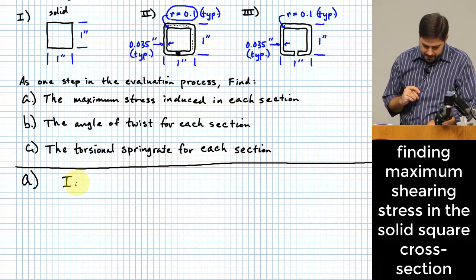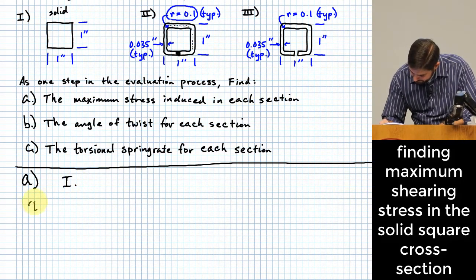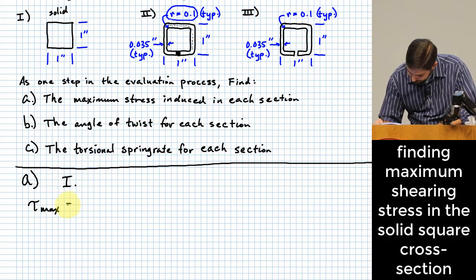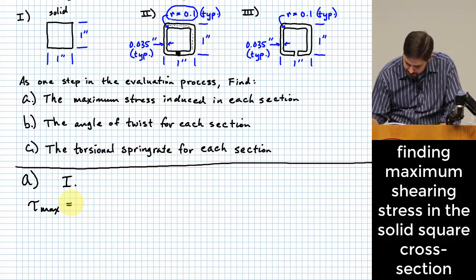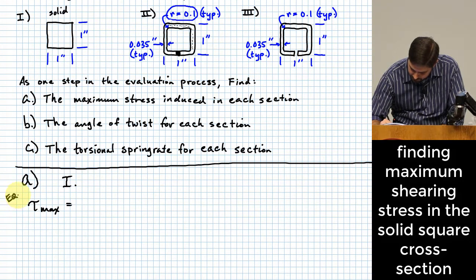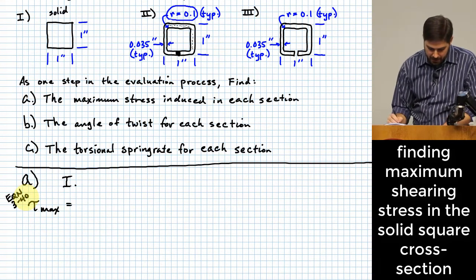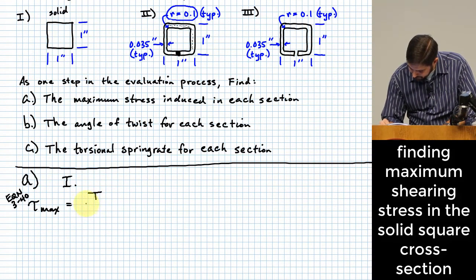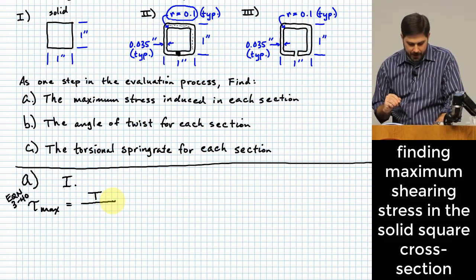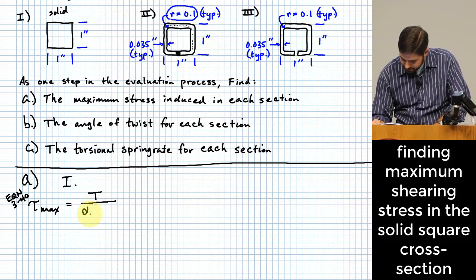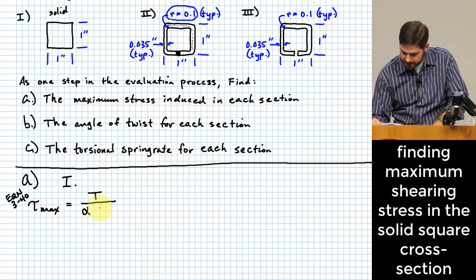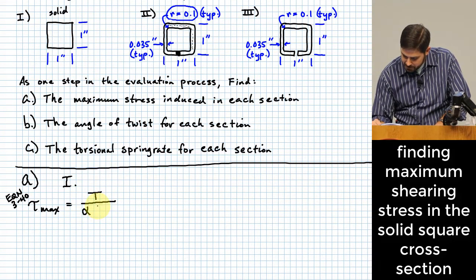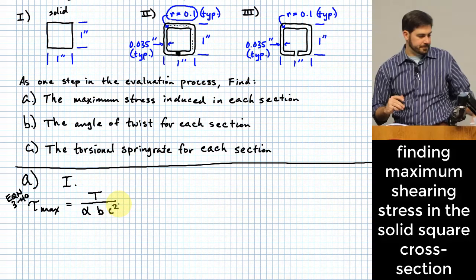The formula for this, for maximum stress, is equation 340. Maximum stress is going to be equal to the torque divided by, here's a factor alpha that I'm going to have to talk about in just a second, alpha times B times C squared.